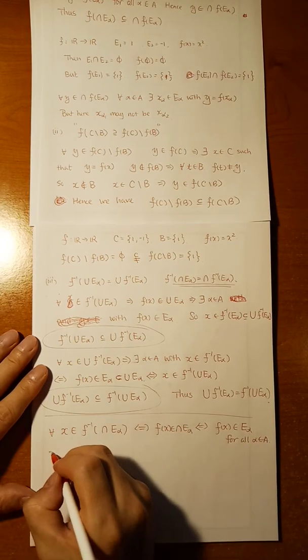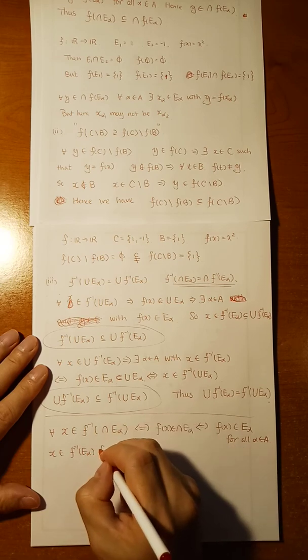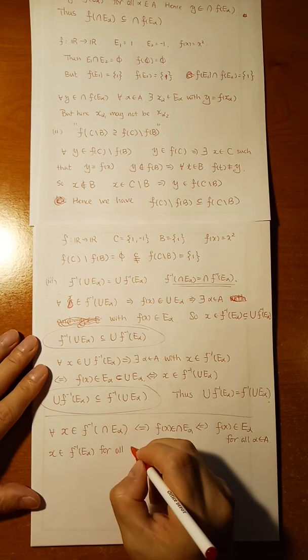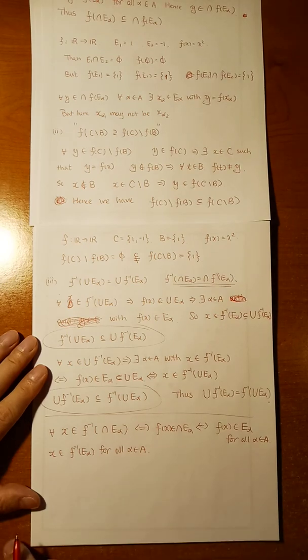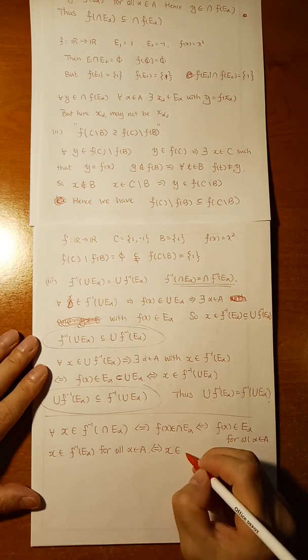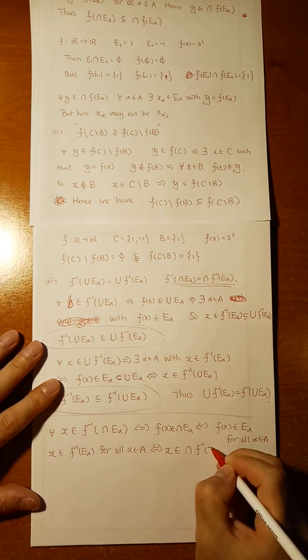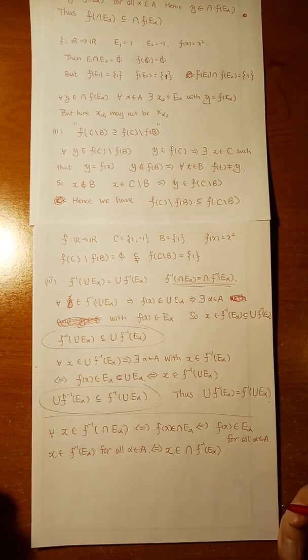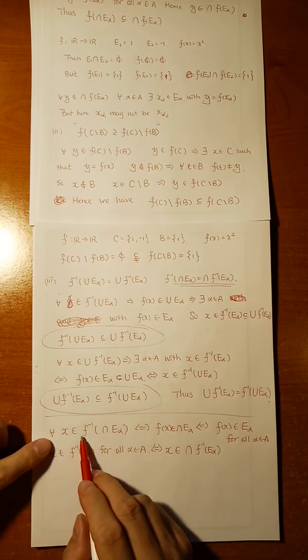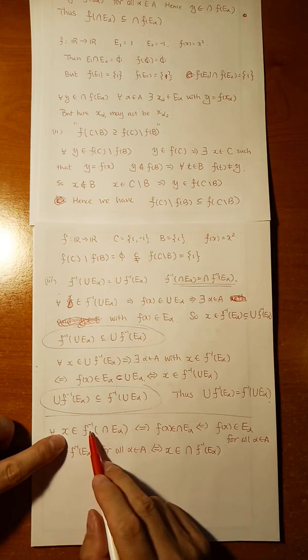It means x belongs to F inverse of E alpha for all alpha in A. Then x belongs to the intersection of F inverse of E alpha. Right? So here, this is the definition of the inverse image.